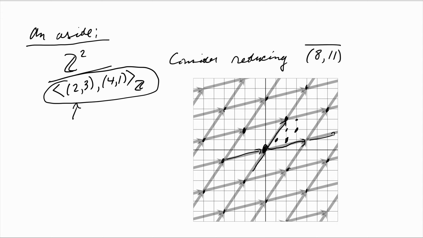Well, this can be computed simply by finding the area of this parallelogram. We're doing row and column operations on a matrix like 2, 3, 4, 1 in such a way that you diagonalize it, which is the same thing as sliding the parallelogram into a rectangle.